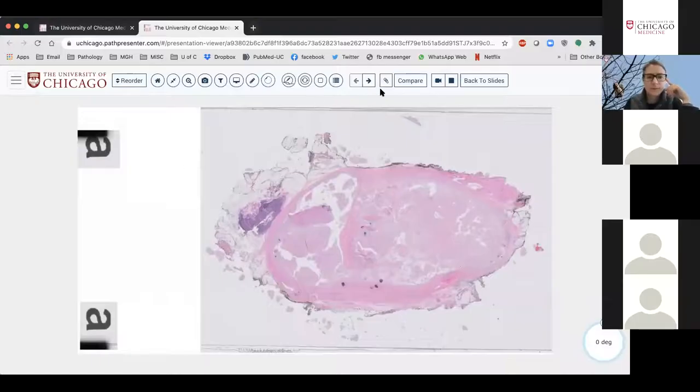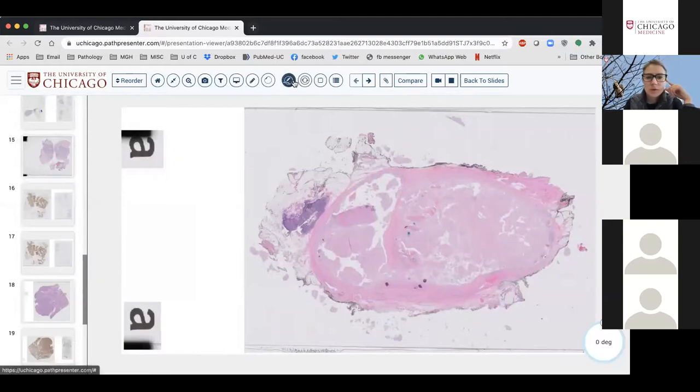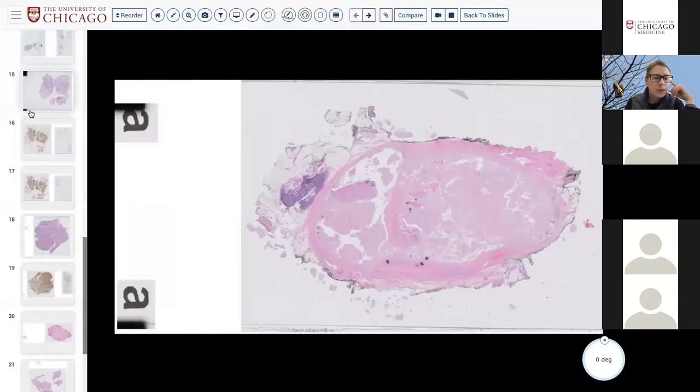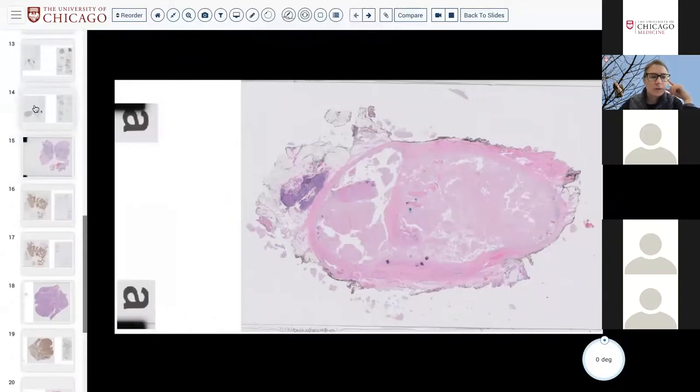We can finish up the head and neck slide set we started early last week. Let me full screen this. We went through the neck and ear, so we're going to start on the sinonasal.